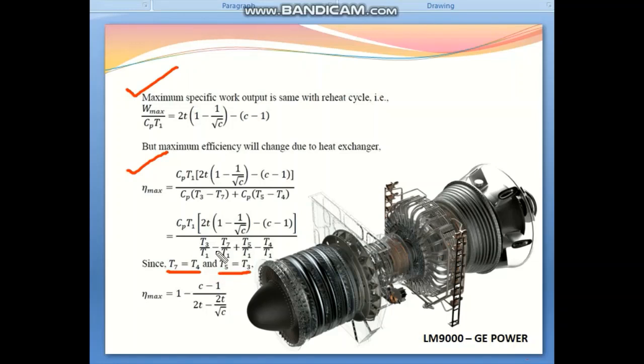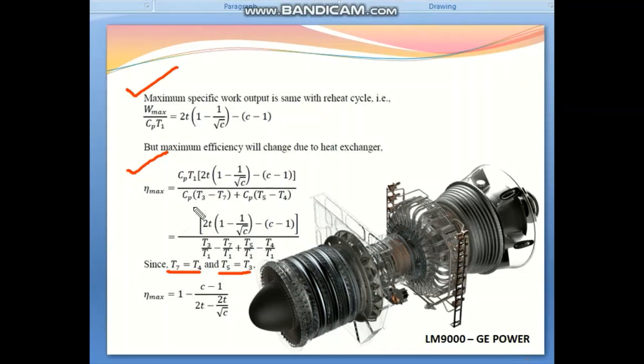Okay, now we are just dividing this by the temperature. Here the Cp cancels out, so now we are going to divide this denominator by T1.